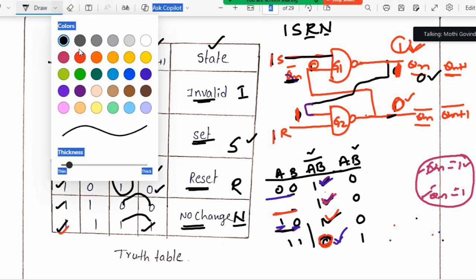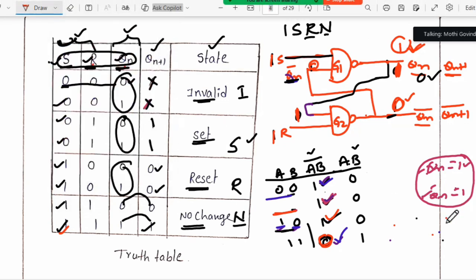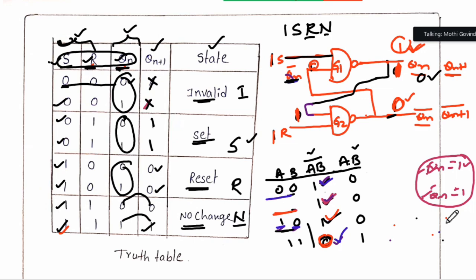Now, similarly, I am going to explain the SR latch by using a NOR gate. Here it is NRSI, the opposite. So for the SR latch using a NOR gate, you should remember NRSI.